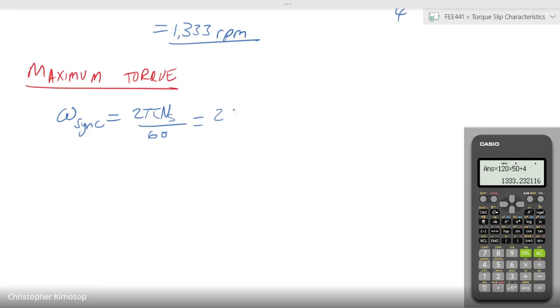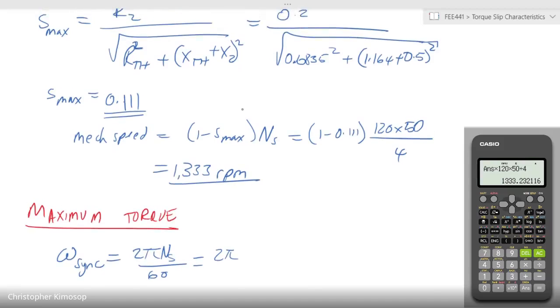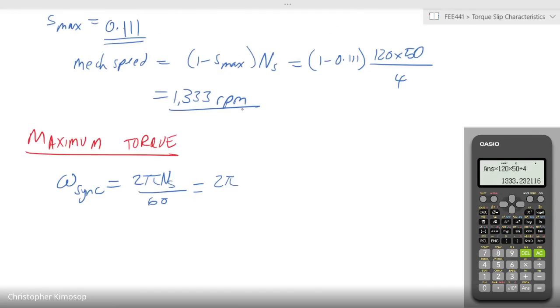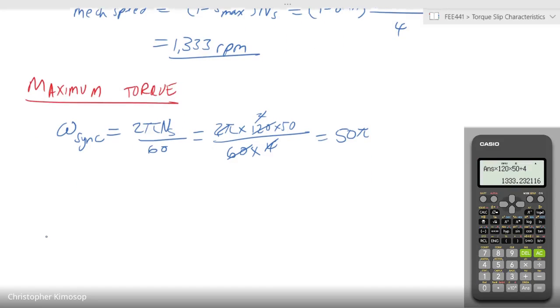So 2 pi times 120 times 50 over 4 times 60, which after cancellation is 50 pi. We can keep it like that.